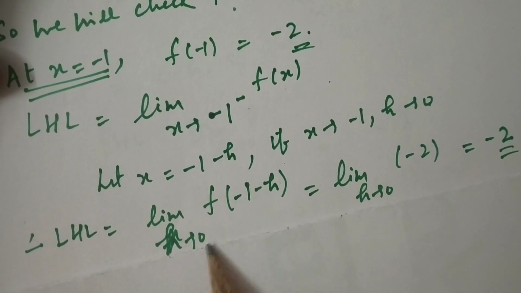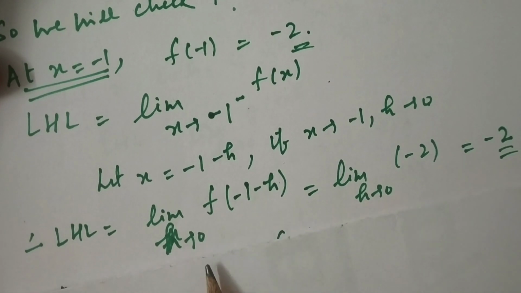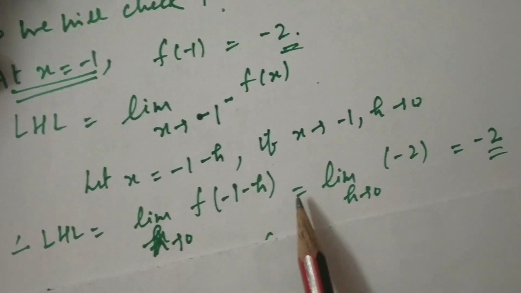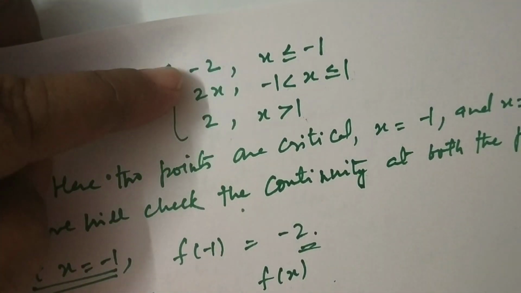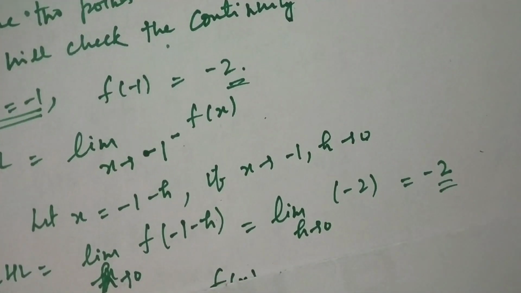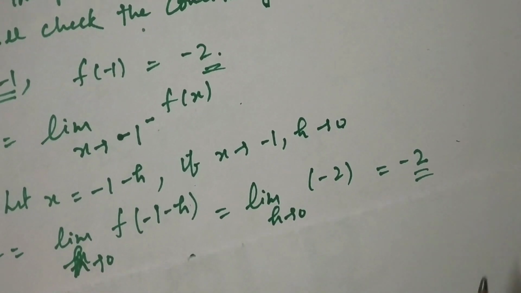Keeping this, I get limit h tends to 0 f(-1 minus h), and that gives me -2 because it is less than -1. So that gives me value -2.